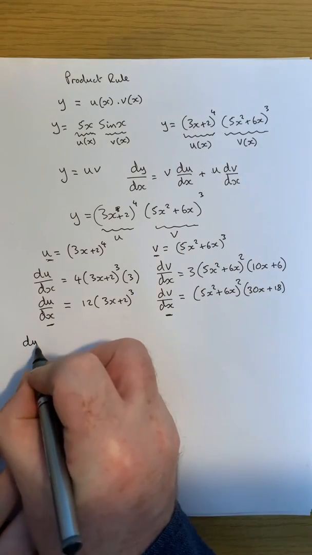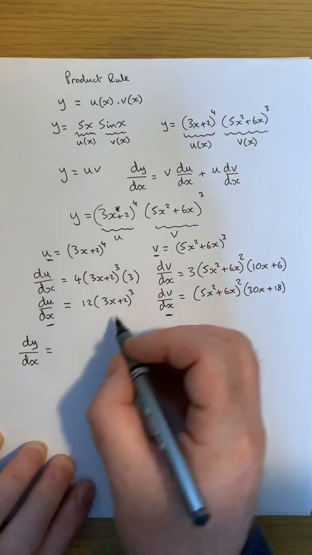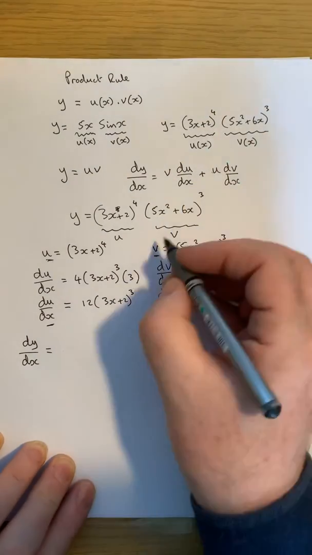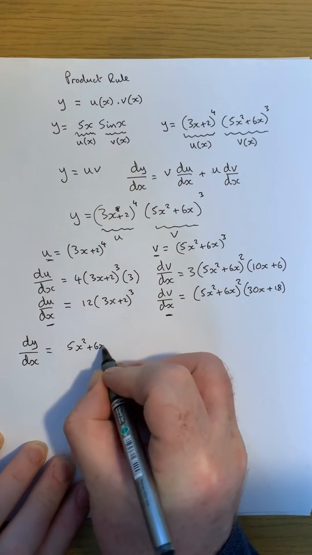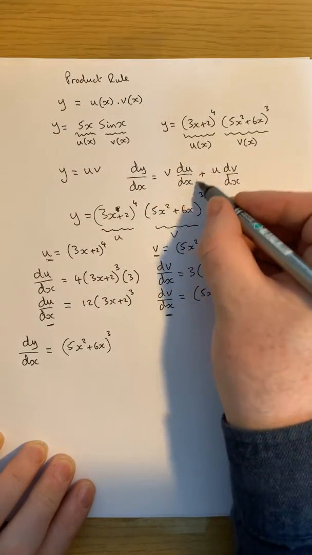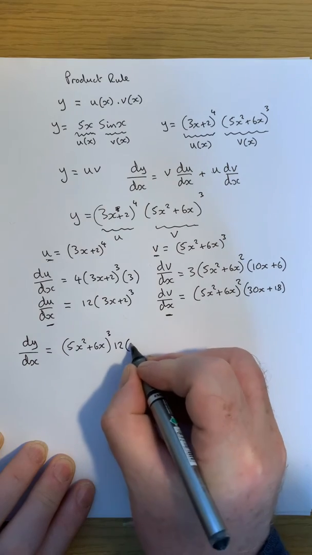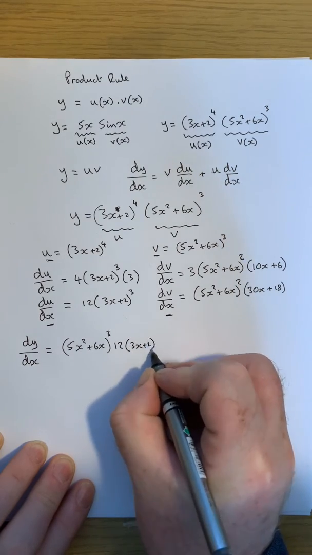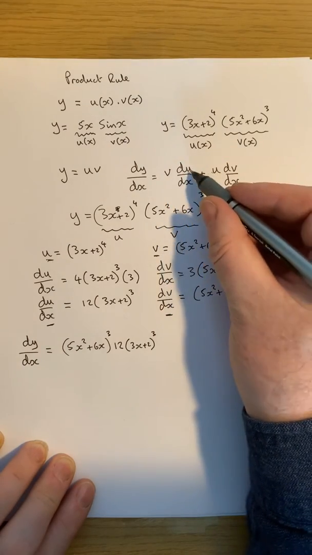So now we go dy by dx equals, our first term is v. It's (5x squared plus 6x) all to the power of 3 times du by dx, and du by dx is 12 on (3x plus 2) to the power of 3. So that's v du by dx.